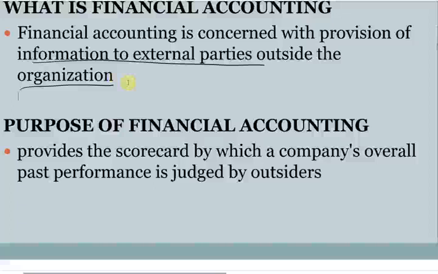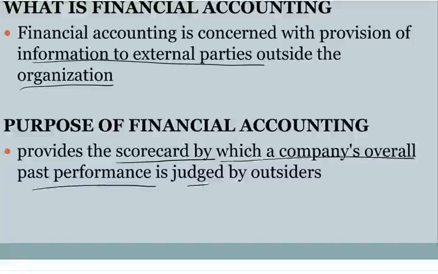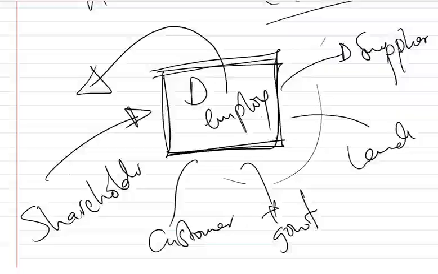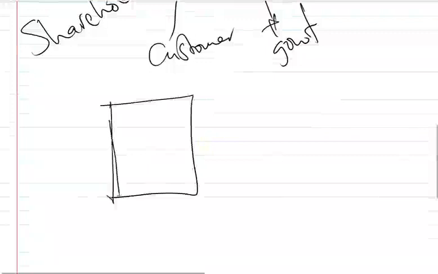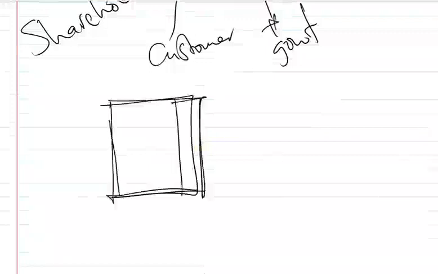So the main purpose of financial accounting is to provide a scorecard by which the company's overall performance is judged by outsiders. So you are giving the outsiders a scorecard. A scorecard is basically a card in which you are recording scores when it comes to sports, right?